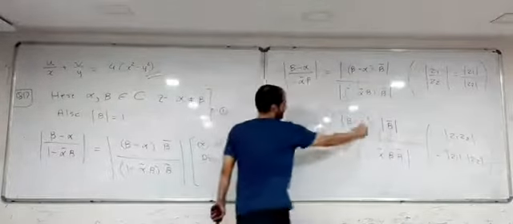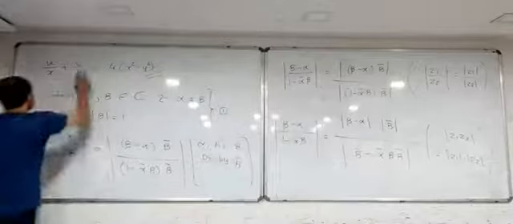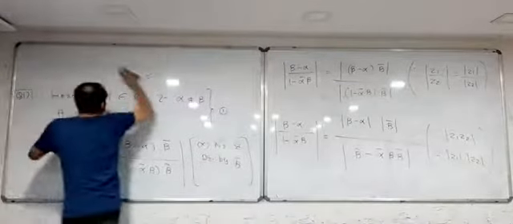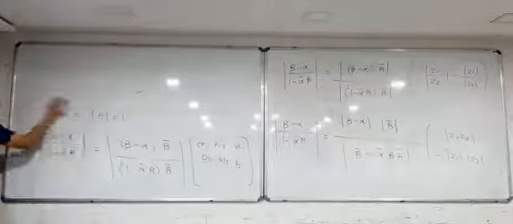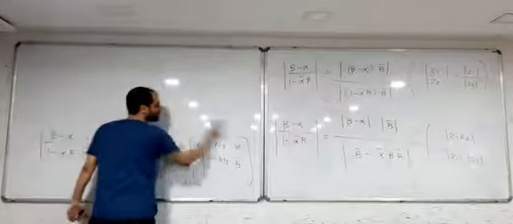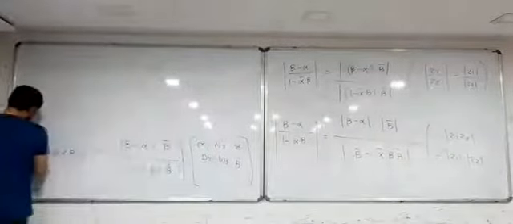Now you know, what is z into z bar? z into z bar is mod z square.